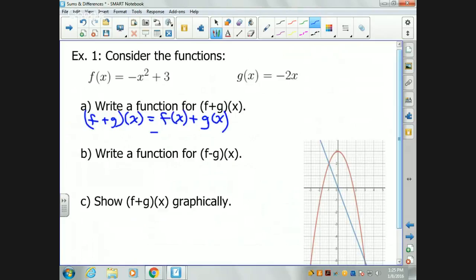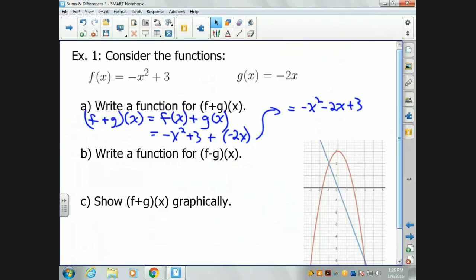So we can just write these out. Negative x squared plus 3 plus negative 2x. So algebraically, we can add the two functions together.